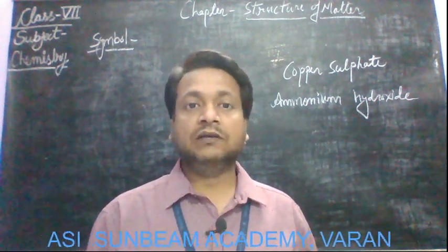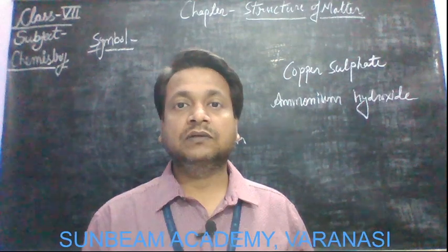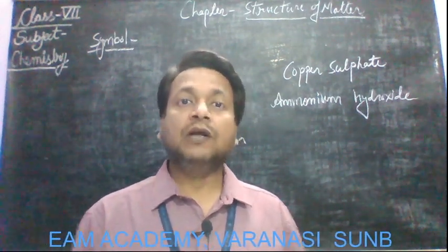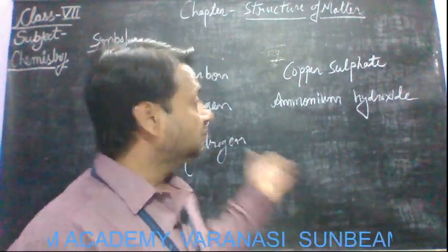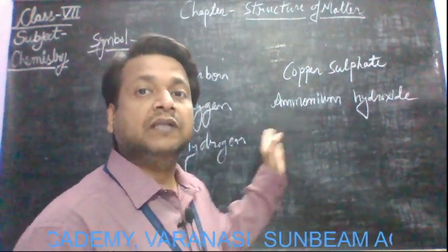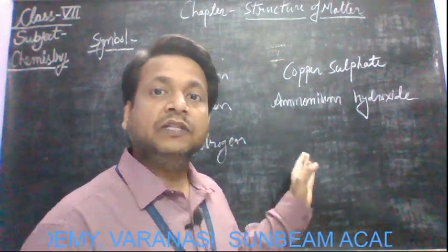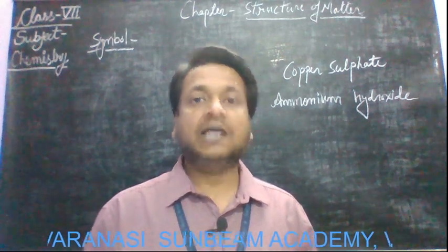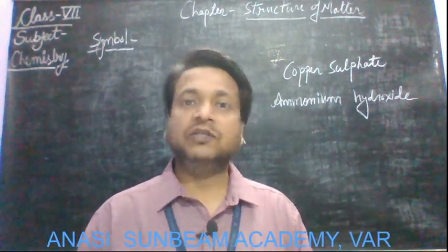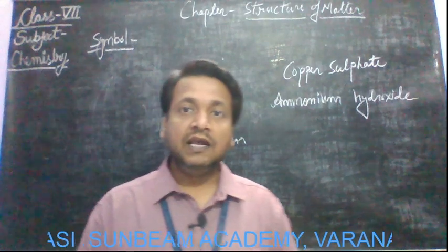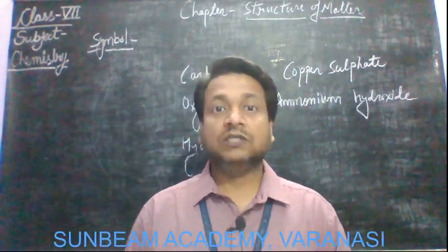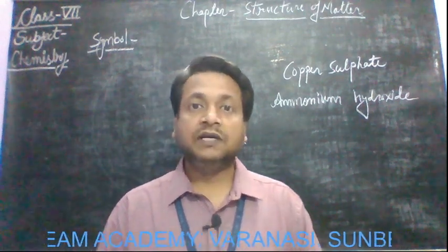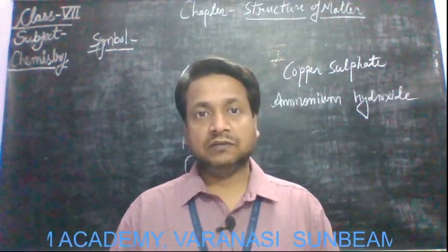That is why people identified the requirement to represent these different elements and compounds not with their complete names, but with abbreviations or certain indications by which they can be indicated easily and shortly. So the symbols are those abbreviations which are used to represent the elements.